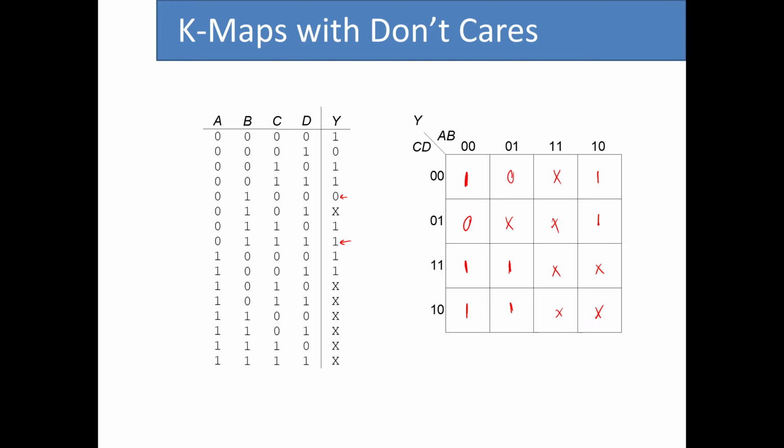So now let's just create these circles for this specific example, and we consider these don't care values as 1 whenever they help us simplify our function. Basically, whenever they help us create larger circles.